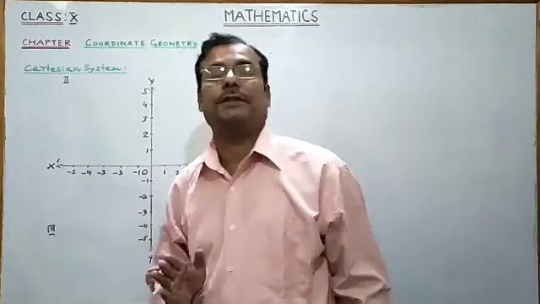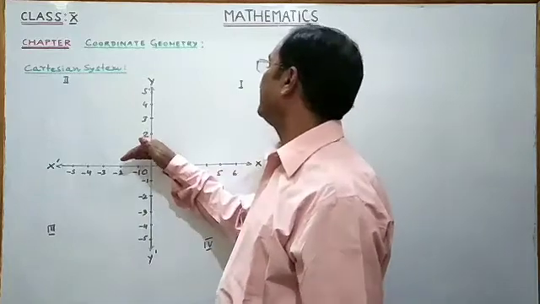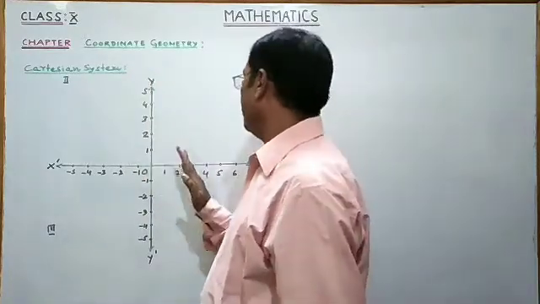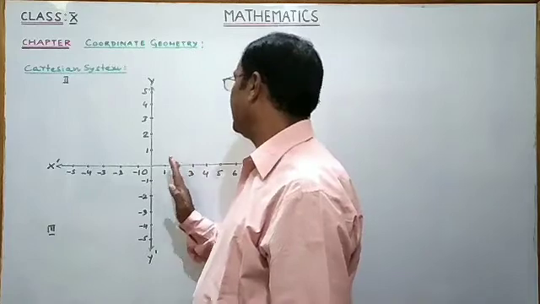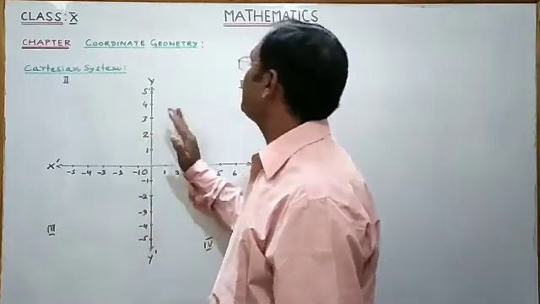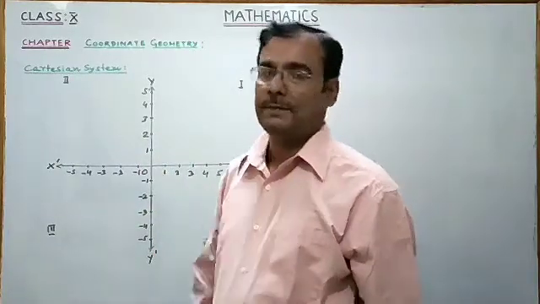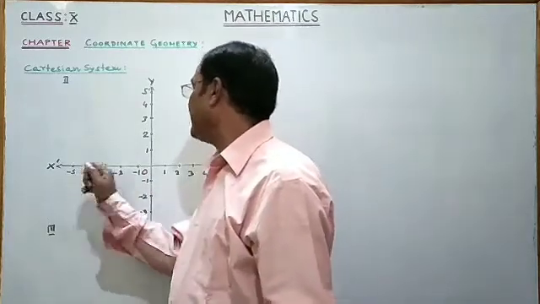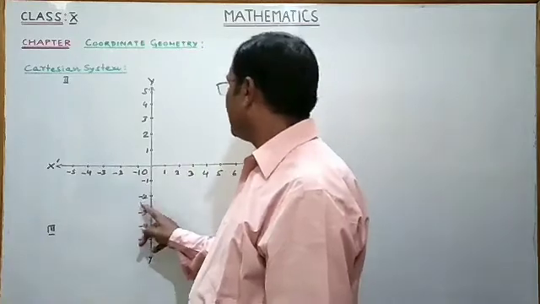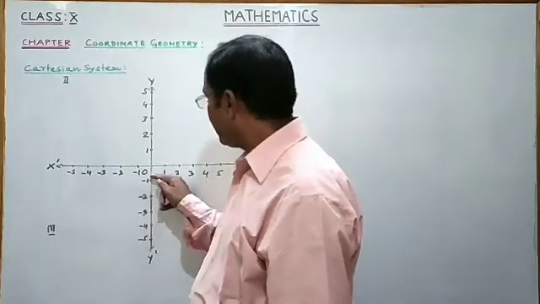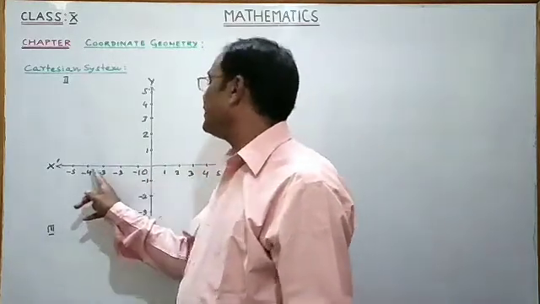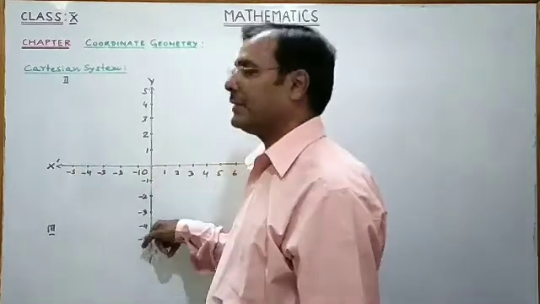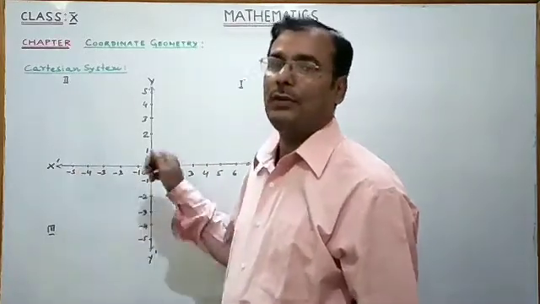Positive numbers on the x-axis and also on the y-axis denote the distances measured on the positive side of both the axes, and negative numbers on both the axes denote the different distances on the negative side of both the axes, the x-axis and y-axis.